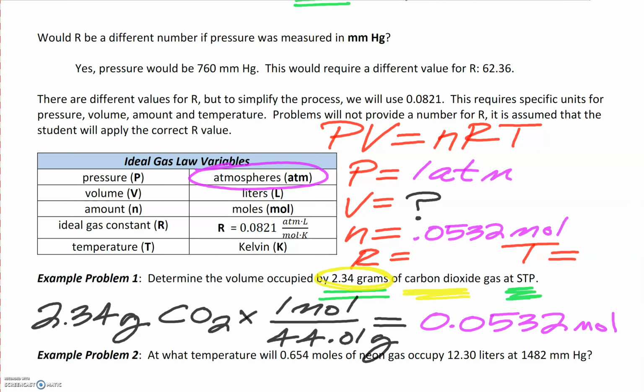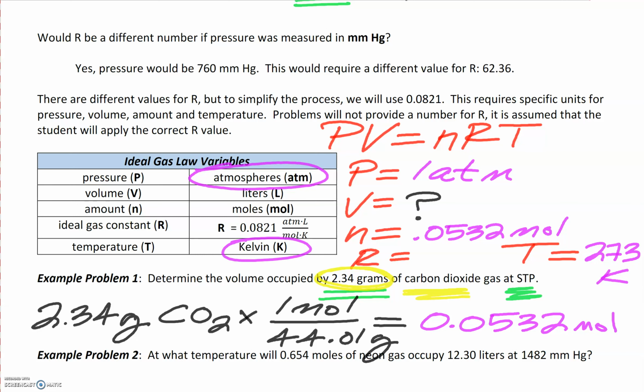So pick the 1 ATM and off you go. Standard temperature, what is that? Well, standard temperature was 0 Celsius or 273 Kelvin.